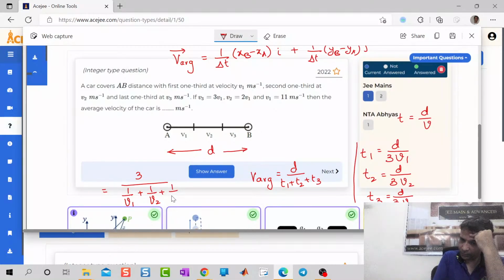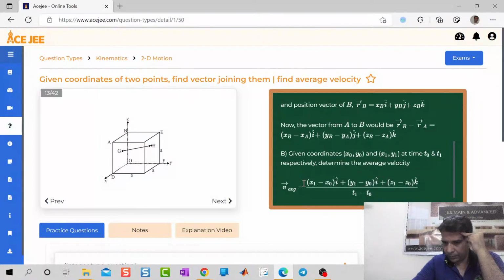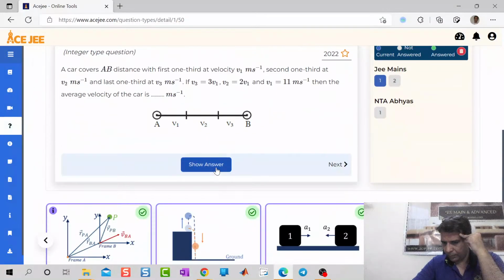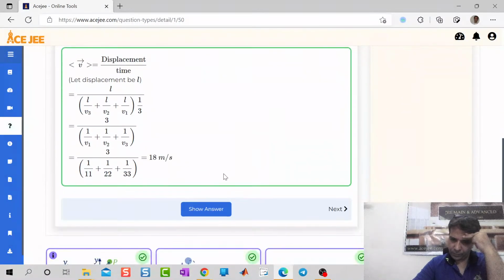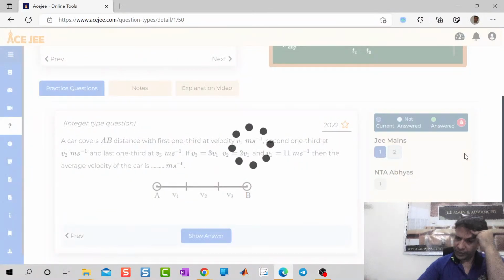So is it 18 meters per second? Yes, Peter. Let's go to the second question.